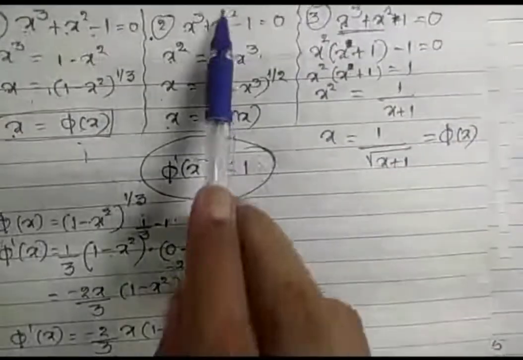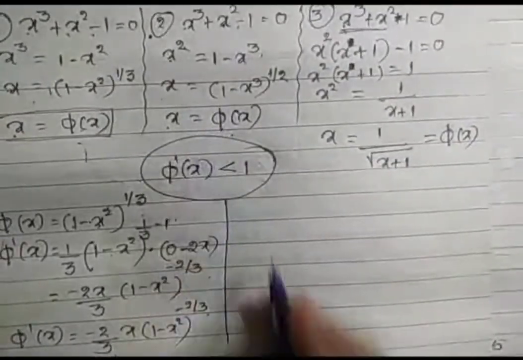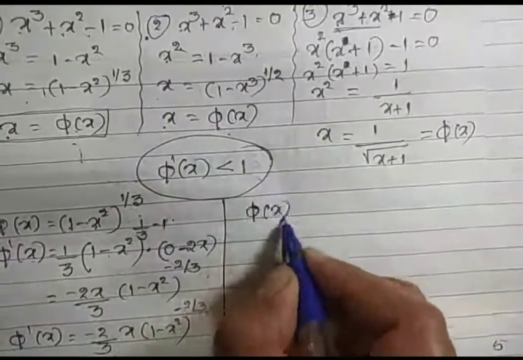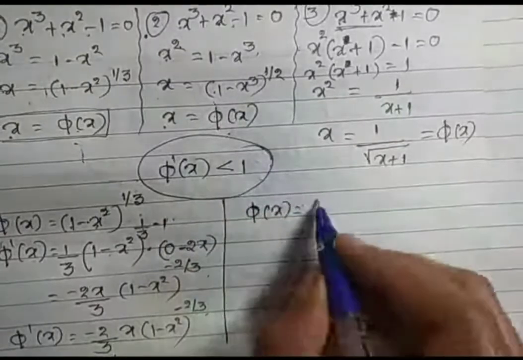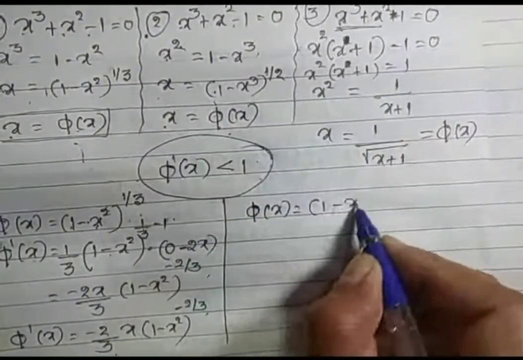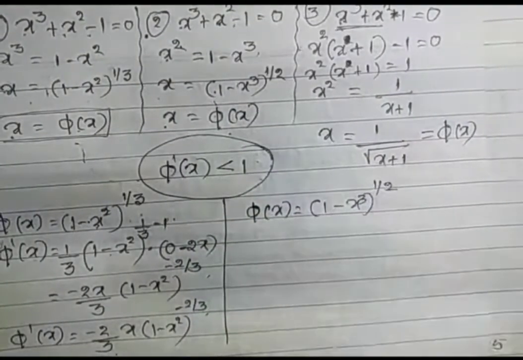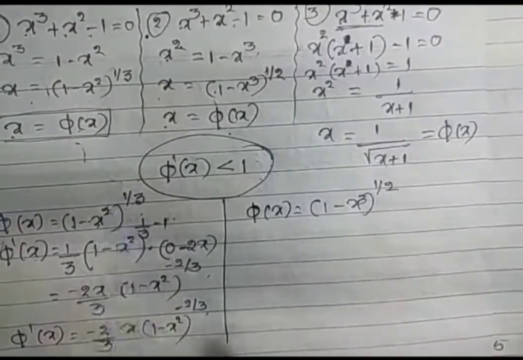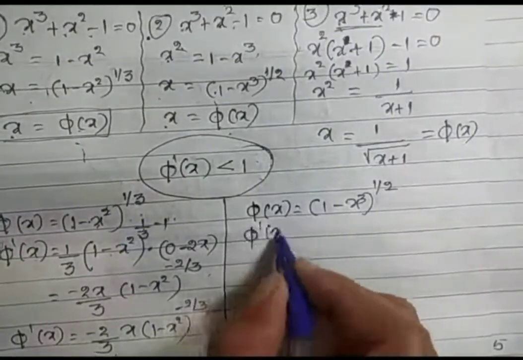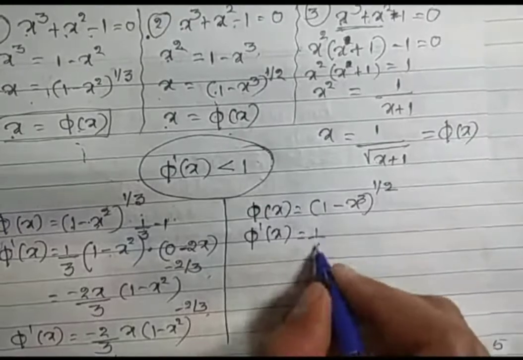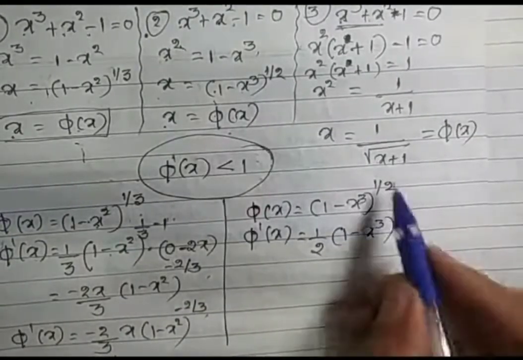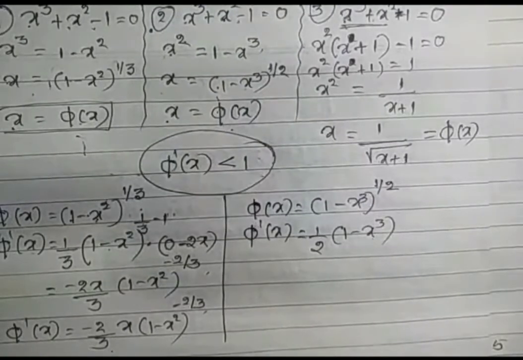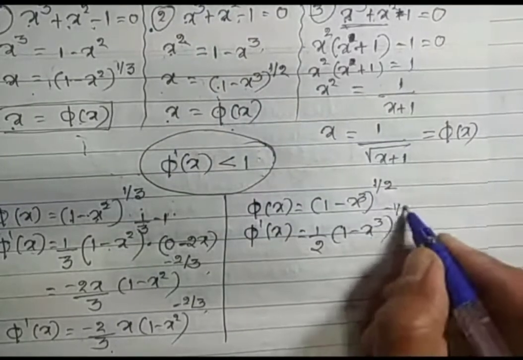Then next, second case: phi of x is 1 minus x cube raised to 1 divided by 2, which is similar to this one. So directly I will write here phi dash of x is 1 divided by 2 as it is, bracket value as it is, 1 divided by 2 minus 1, which gives minus 1 by 2.